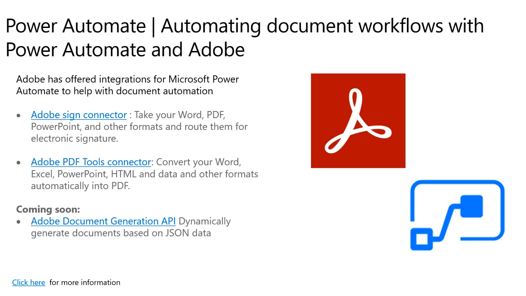Another one is the Adobe PDF Tools connector, and you can convert your Word, Excel, PowerPoint, or other documents automatically into PDF from within Power Automate. And coming soon will be the Adobe Document Generation API, so you can dynamically generate documents based on JSON data from within Power Automate. Some nice new functionality there around working with PDFs and doing electronic signatures with Adobe from within Power Automate.